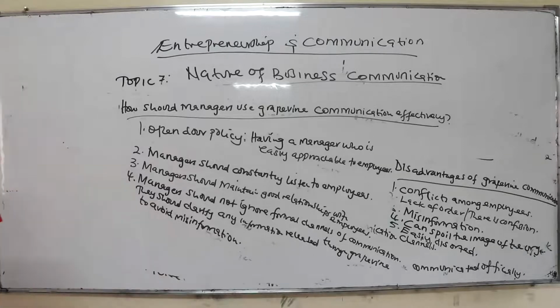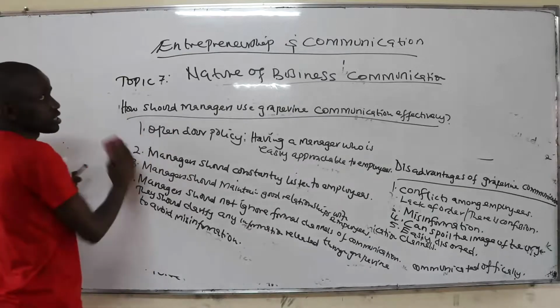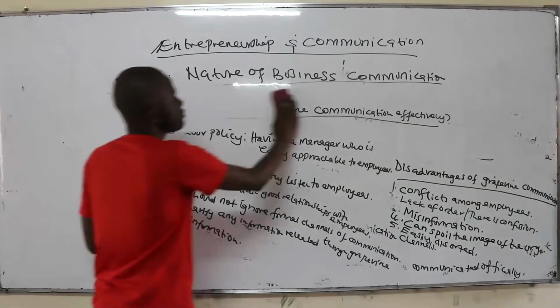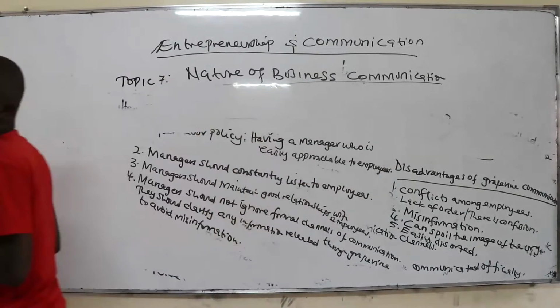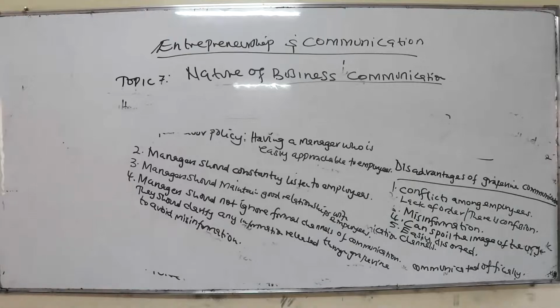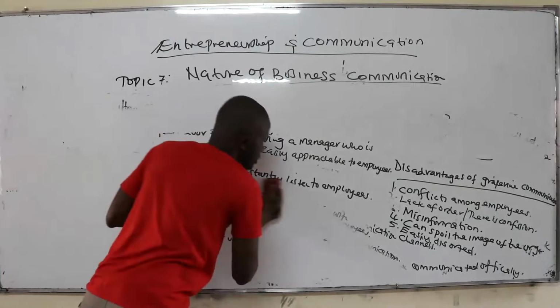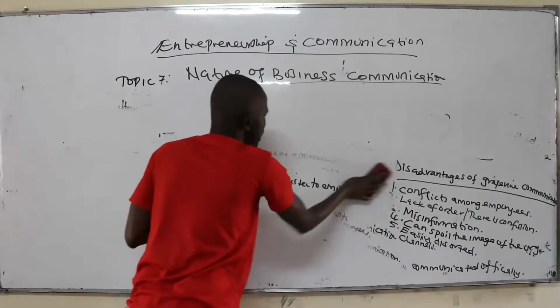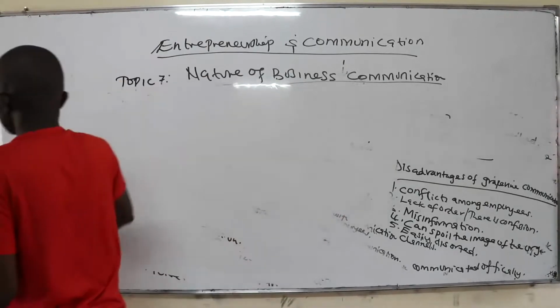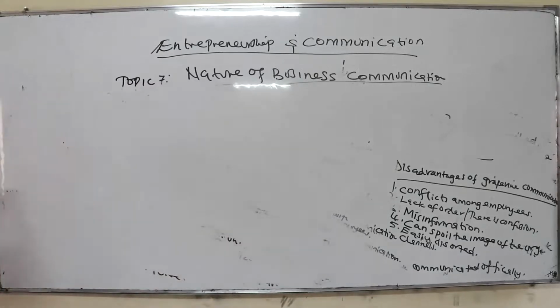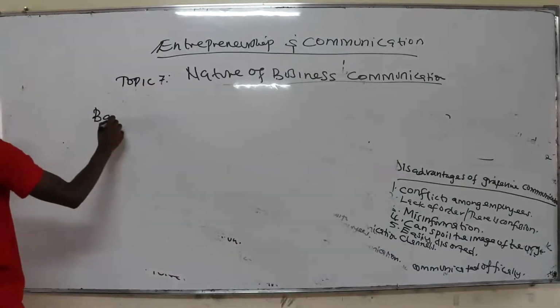Now, we had said one of the dysfunctional elements in the communication process, we called it noise. So we need to look at barriers to effective communication.